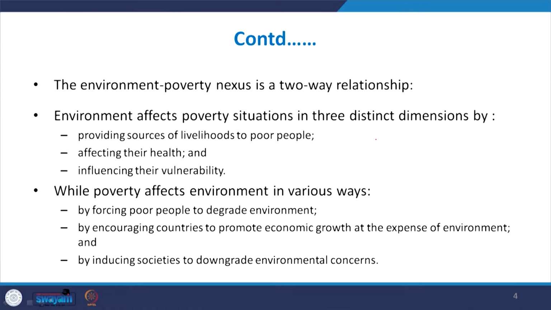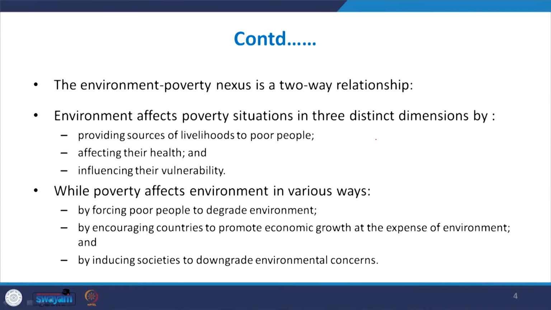So, poor people are more vulnerable to the environmental risk. Therefore, environment affects the situation of poverty by providing a source of livelihood to the poor people, affecting their health and influencing their vulnerability.